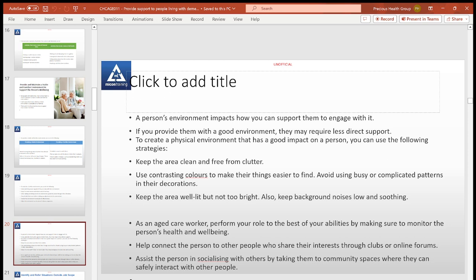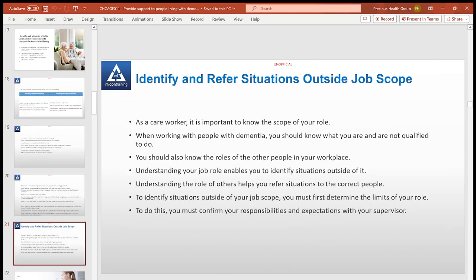So we assist the person in socializing with others by taking them to a community space where they can safely interact with others. An example might be taking them to have a coffee, or taking them to an art gallery where they can paint alongside other people with similar interests.